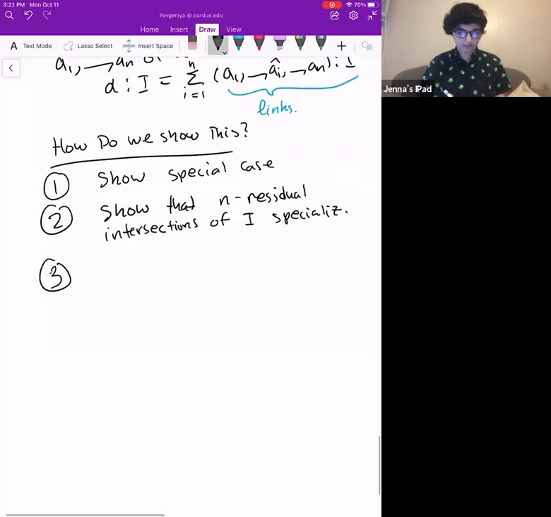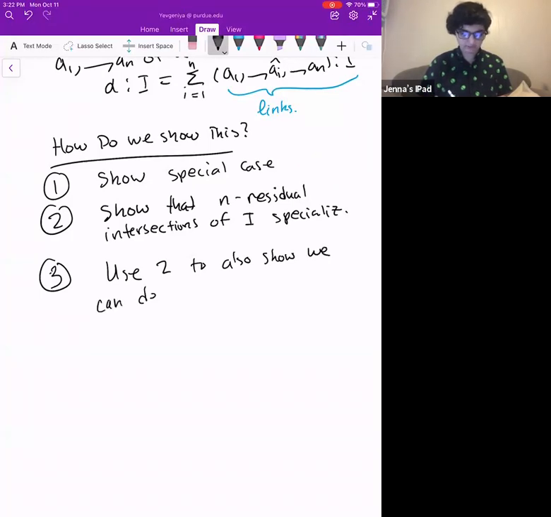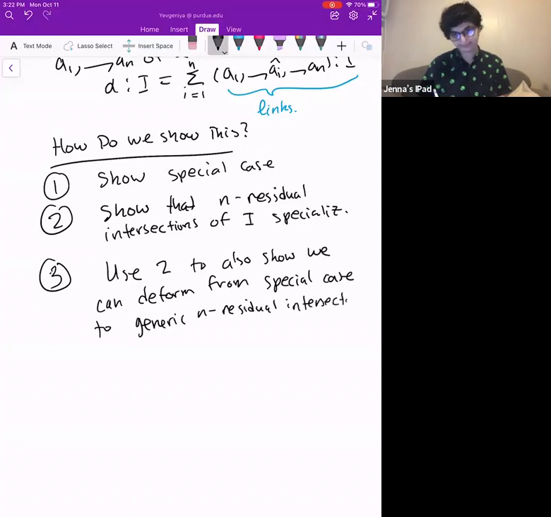Third, we use this to also show we can deform from our special case to a generic n residual intersection. And 4, we profit.